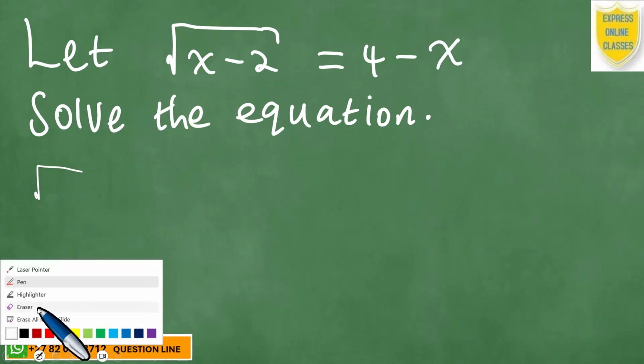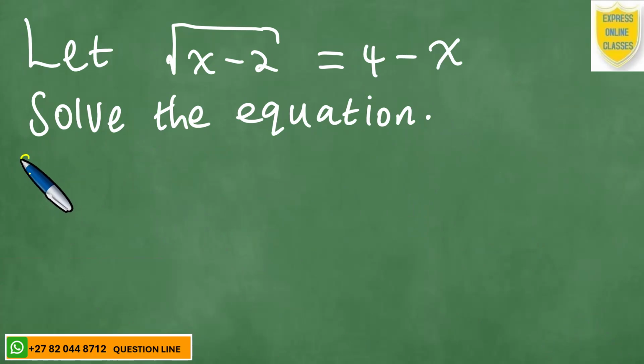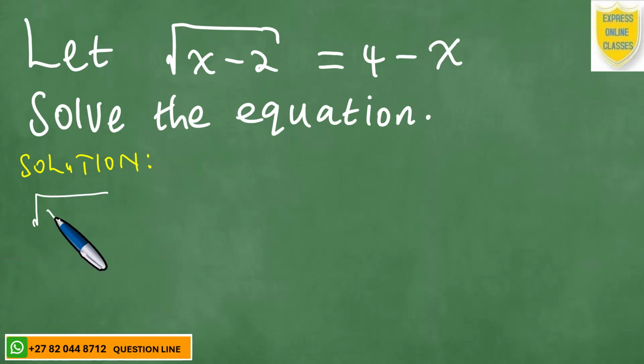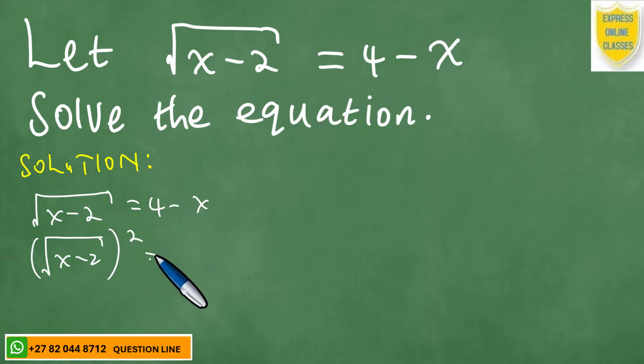So in other words, we're presenting a solution to this, which means that the square root of x minus 2 is 4 minus x. You square the x minus 2, and you square the 4 minus x.